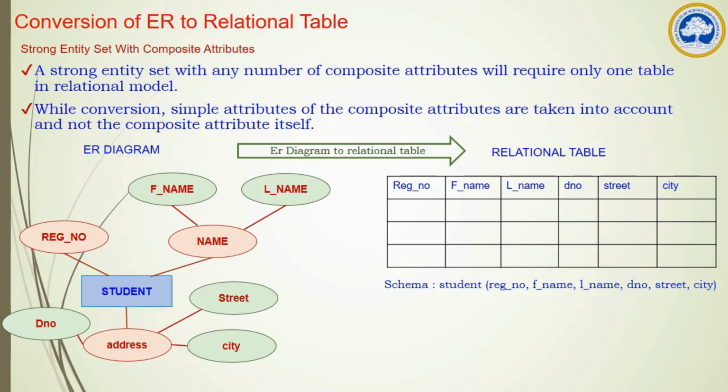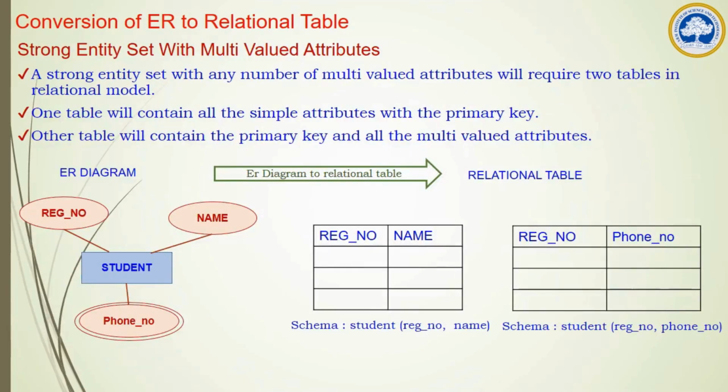Likewise, for the address, which is a composite attribute, the simple attributes available are door number, street, city, etc., and these are considered in the relational table. This is how a strong entity set with composite attributes is converted into the relational table.